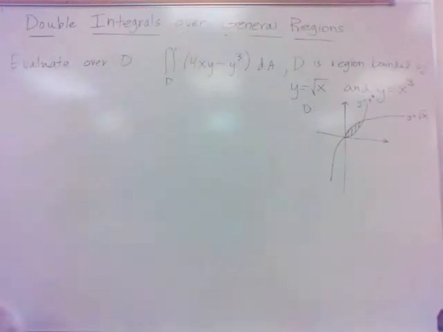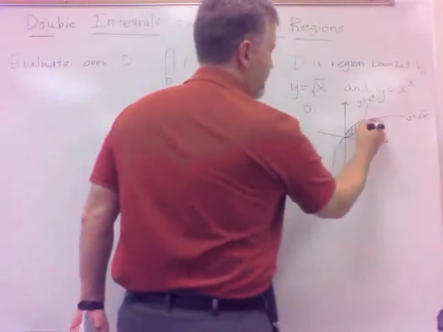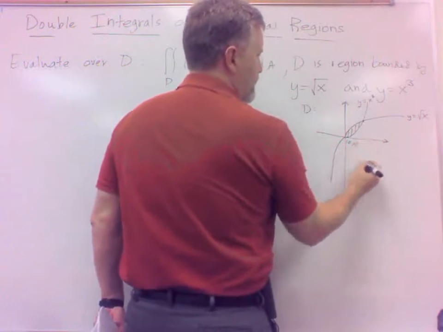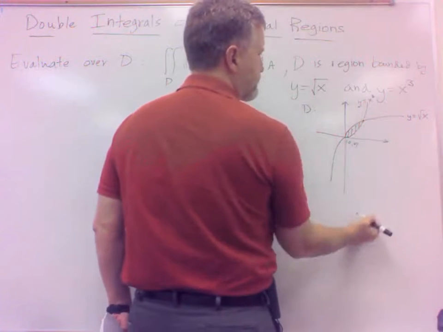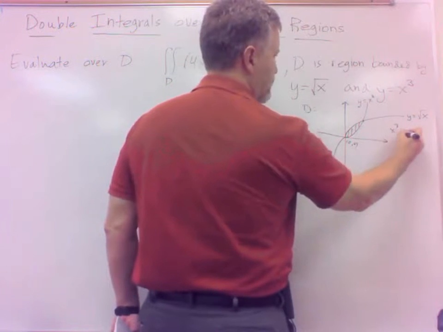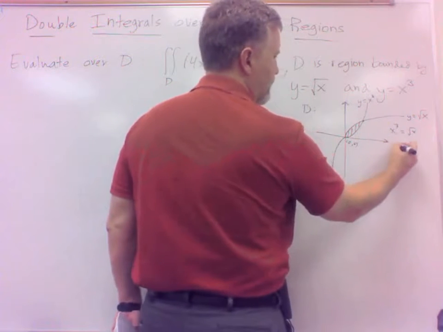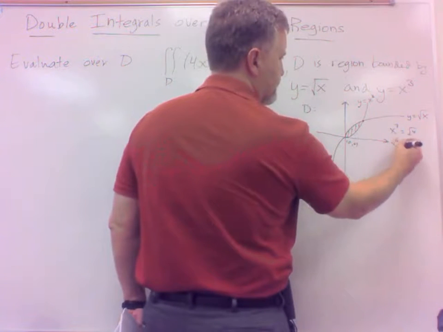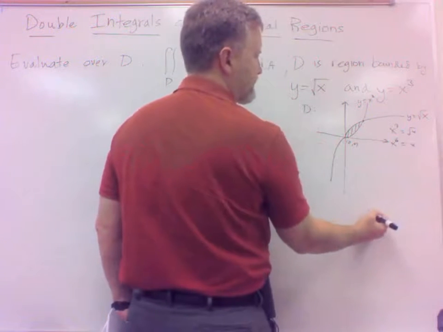Yeah, so we'd basically need where this intersects. We obviously know it's the 0, 0 intersection. Then the other intersection is where x cubed equals the square root of x. So that'd be x to the 6 equals x, square both sides.